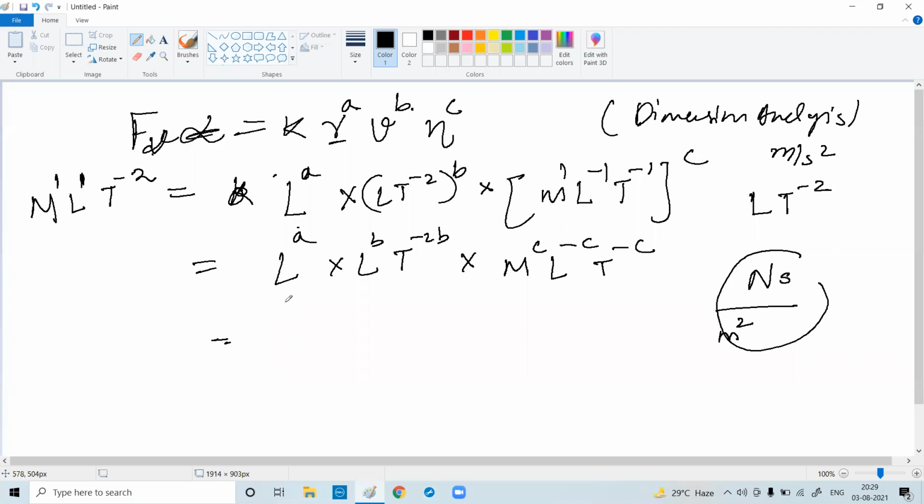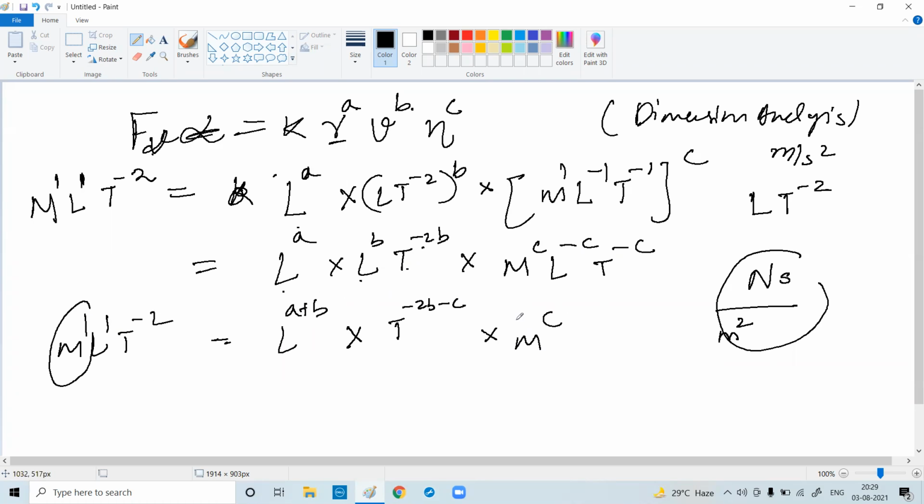So I will combine all. This will be L A plus B into T minus 2B minus C, and this will be MC. That will be equal to M1 L1 T minus 2. So can I equate M1 with MC, L A plus B with respect to L1, and T with respect to T?